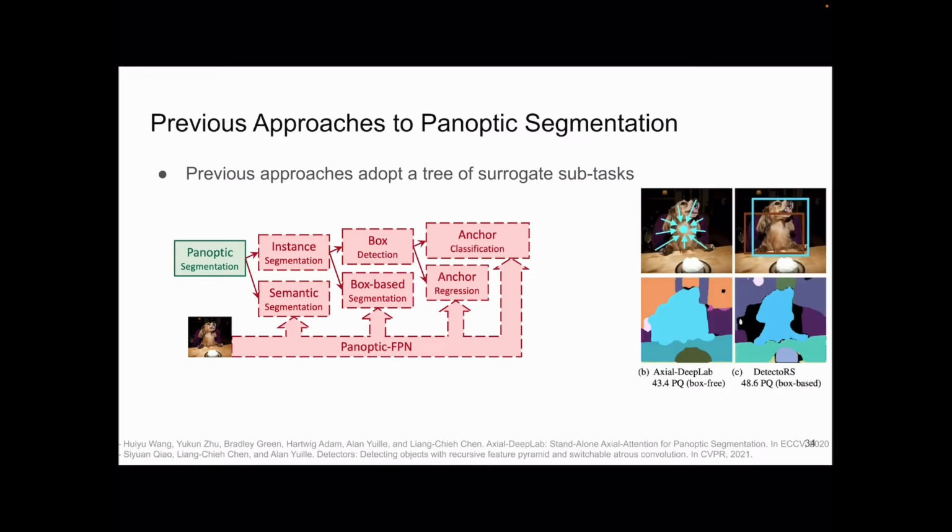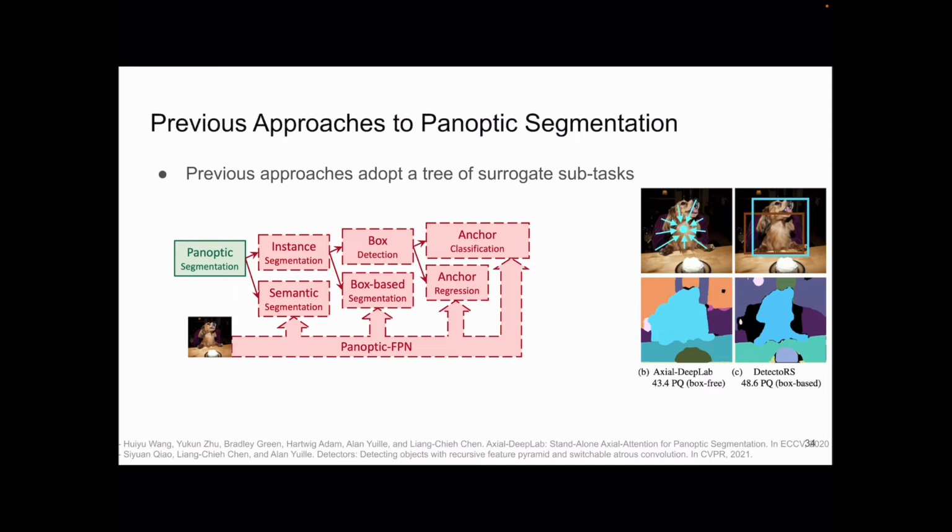On the right, we show a case where state-of-the-art box-free and box-based methods fail. Axial-DeepLab relies on a surrogate subtask of regressing object center offsets. It fails because the centers of the dog and the chair are close to each other.